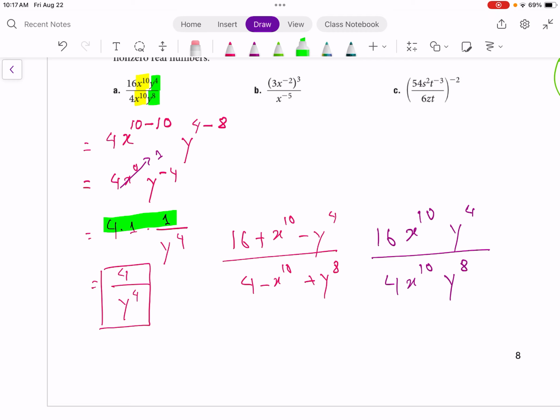Now, in between each term, we have 16 x to the power 10 y to the power 4. In between each term there is positive or negative here. But in the first expression, in between 16, x to the power 10, and y to the power 4, what do we have? A multiplication. There is no multiplication sign written, but we do have a multiplication.